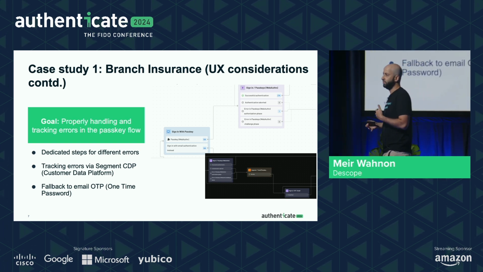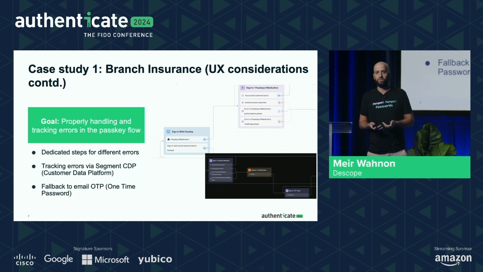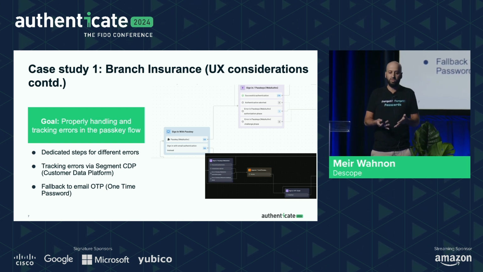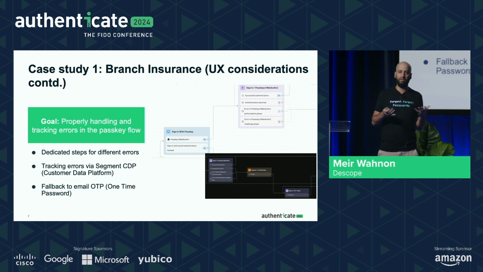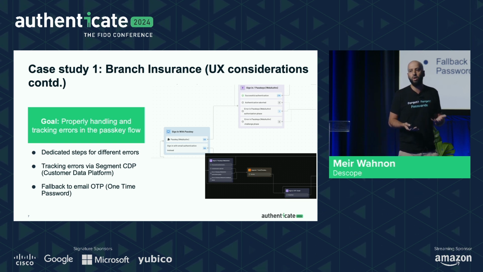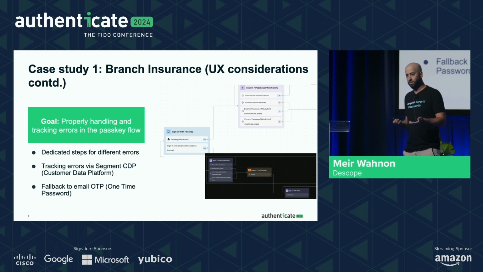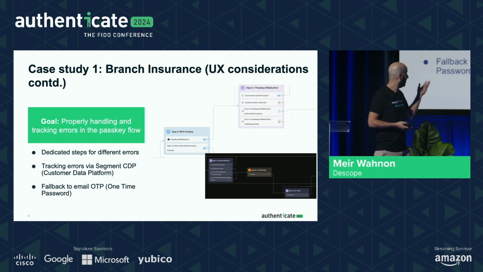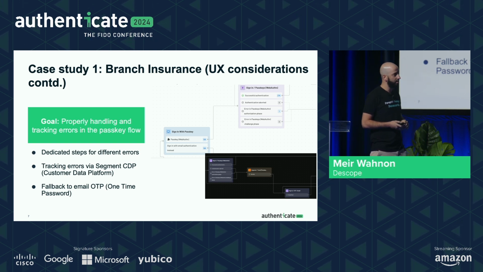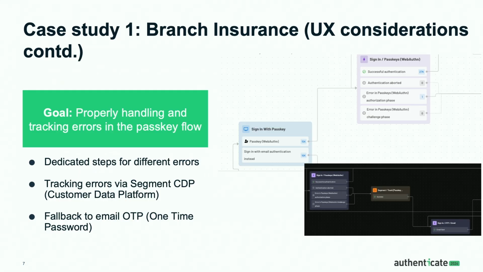You need to take into account those user errors. The first thing to do, as I mentioned before, is track. You need to track those user errors to have analytics on top of that, to know what went wrong, and then you can iterate on that in the future to fix it. You'll see that they are also tracking all the different user errors and sending them to Segment, which in this case is a CDP platform.